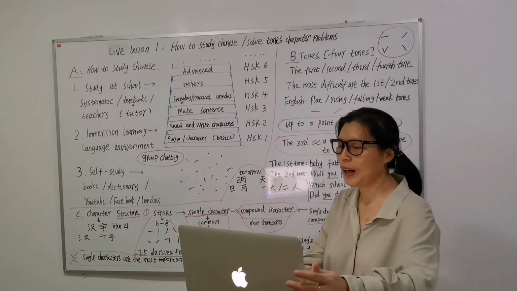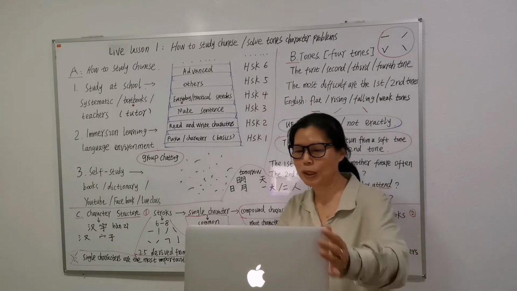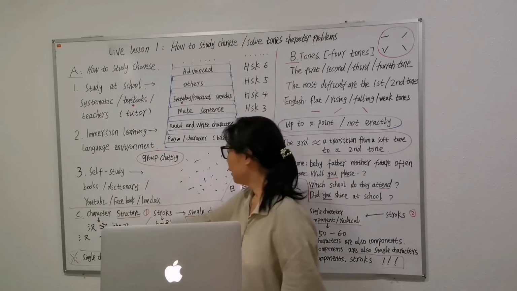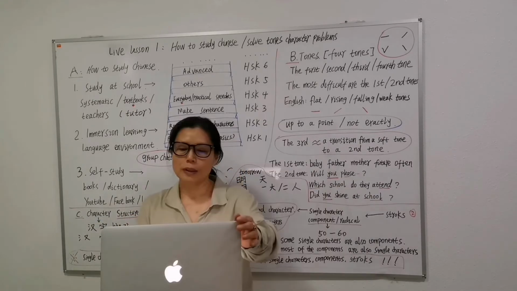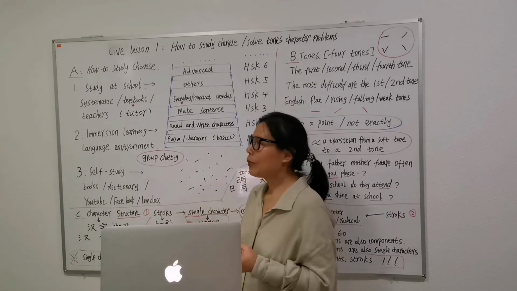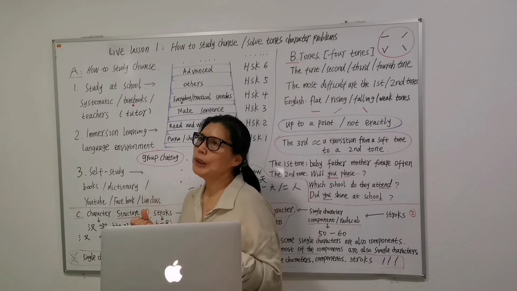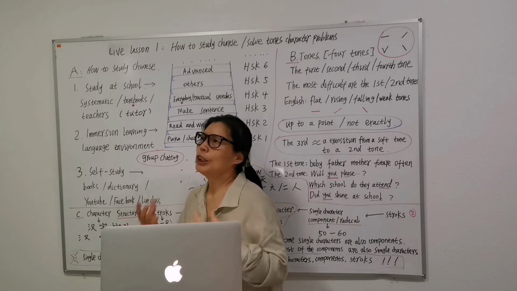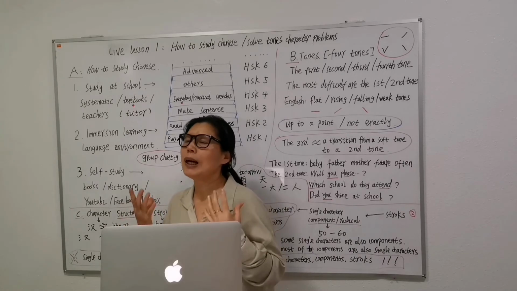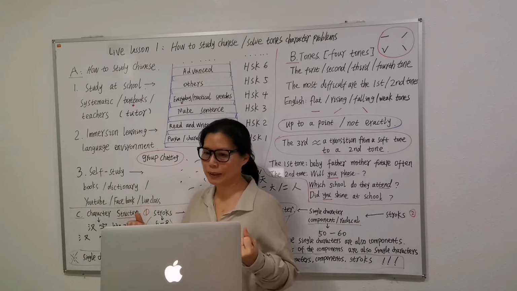Okay, now we go on to the last problem. Part C, character structure. When you learn English words, you feel easy because English words are made up of letters.